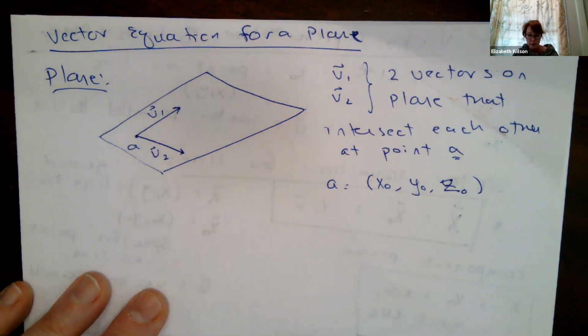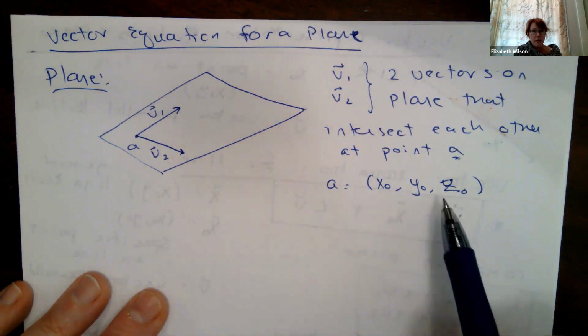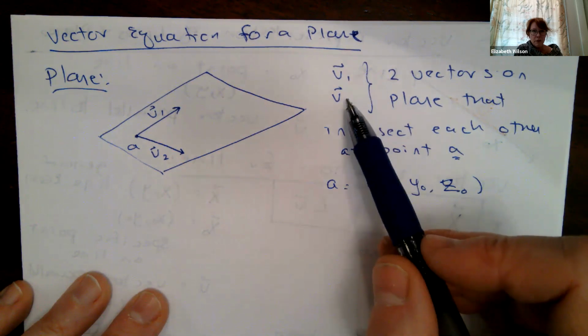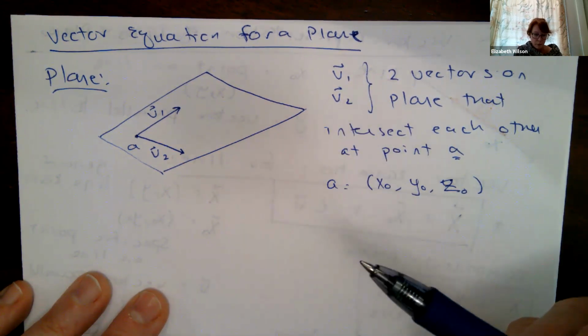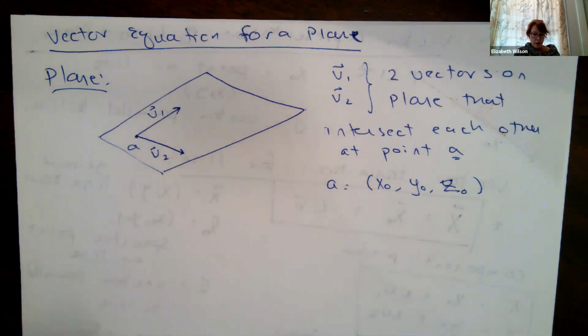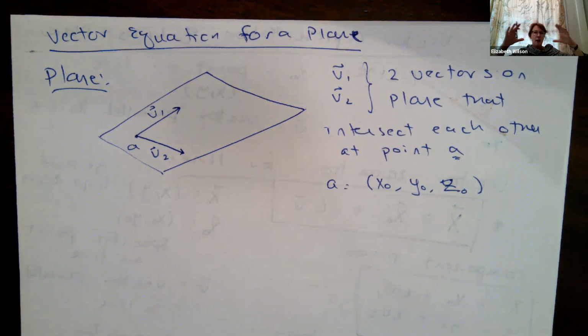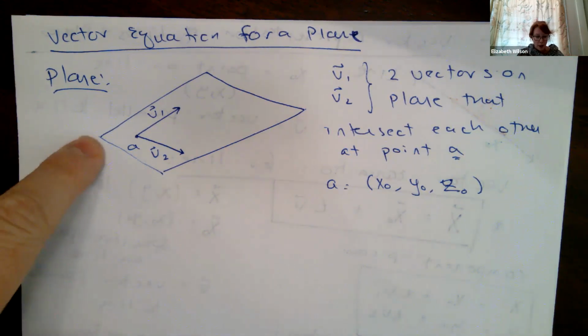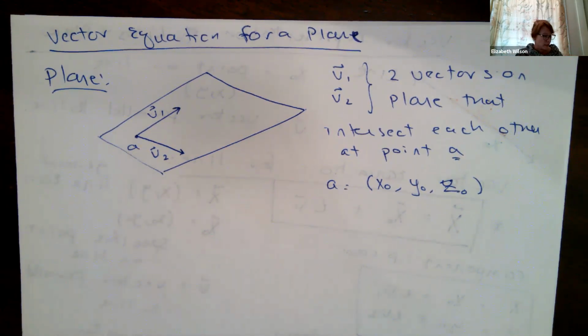We're in 3 dimensions, right? So I have an x, y, and a z component. V1 and V2 are 3-dimensional vectors as well. The only thing we need to make sure we say is that these two vectors are not parallel. They're going to be intersecting each other at some point. I'm basically zooming in my focus on that spot where those two vectors are intersecting each other.